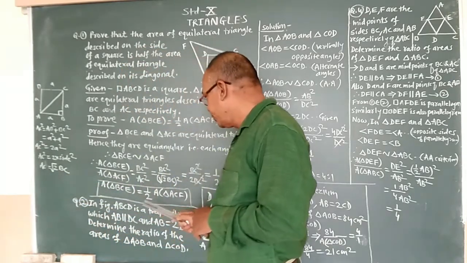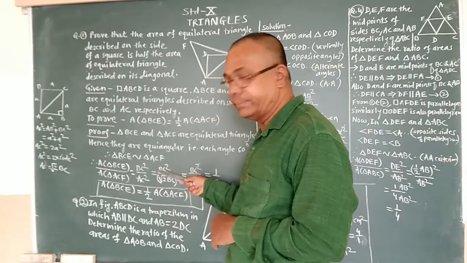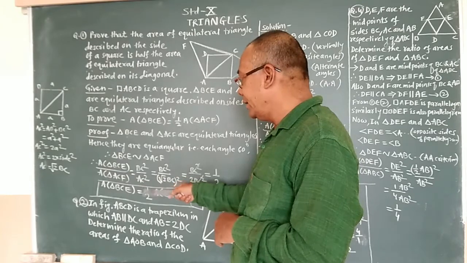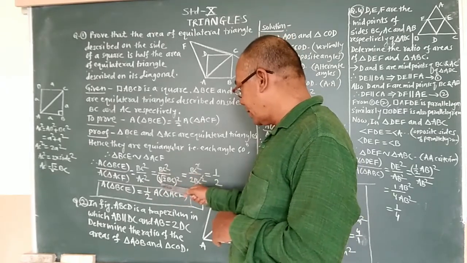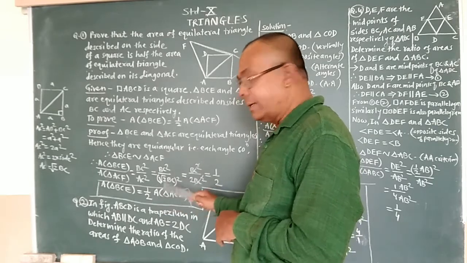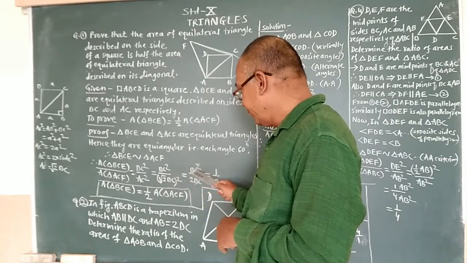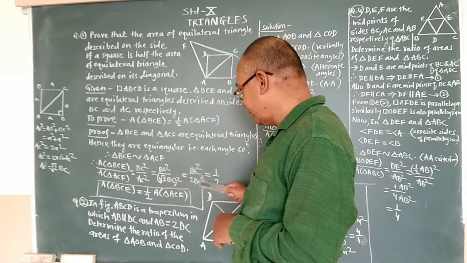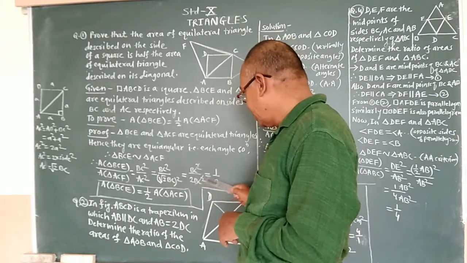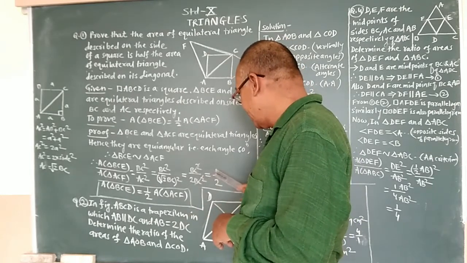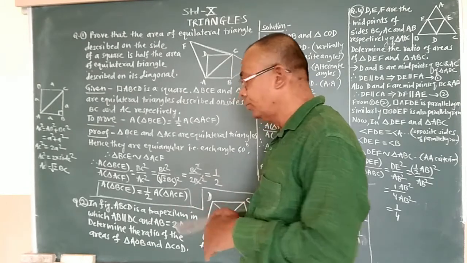And if we substitute the value of AC square here, we get BC square upon root 2 BC bracket square. Now root 2 square is 2, and BC square upon BC square will get cancelled, and we will get 1 upon 2.